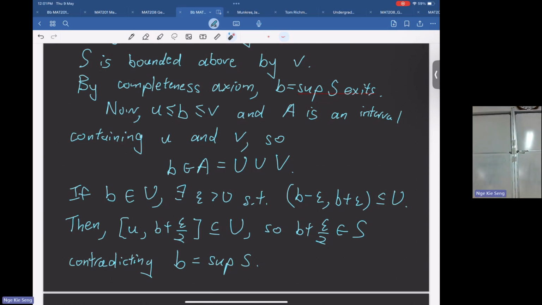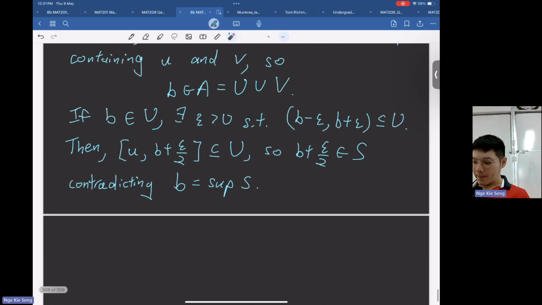Other disjoint like B, right? Because usually open. Semi-index, so that I can keep a record. So we proved that it cannot lie in U.